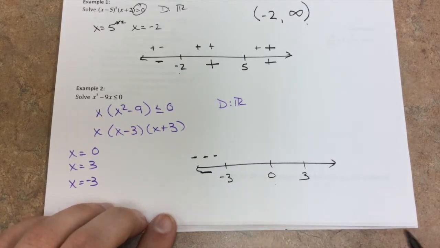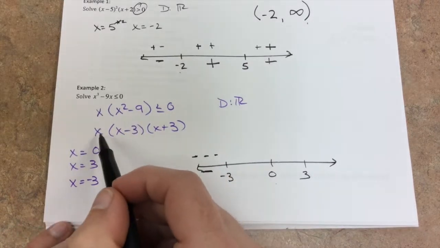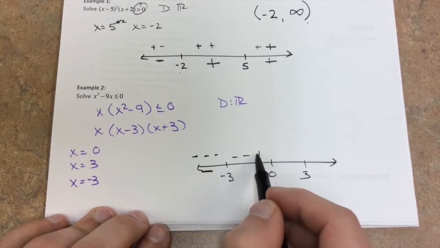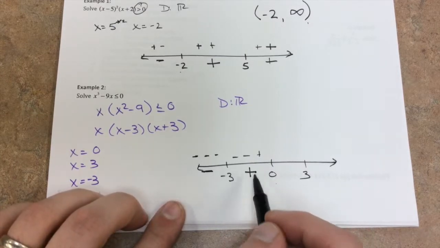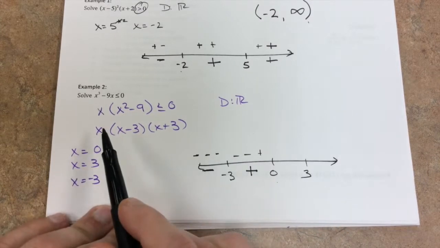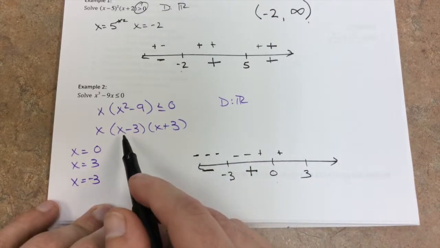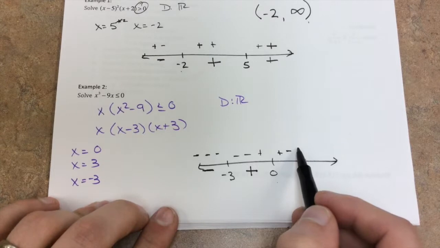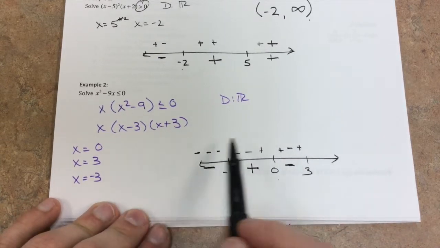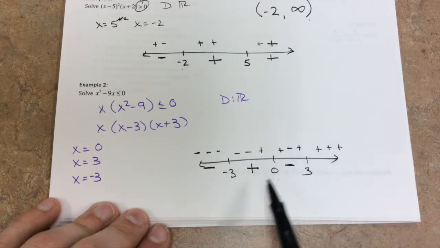Between negative 3 and 0, let's say negative 1: negative times a negative times a positive, which would be a positive. How about between 0 and 3? How about 1? Positive times a negative times a positive gives us a negative. And then to the right of 3 would be positive, positive, positive.